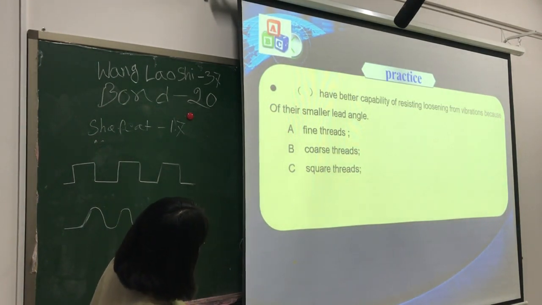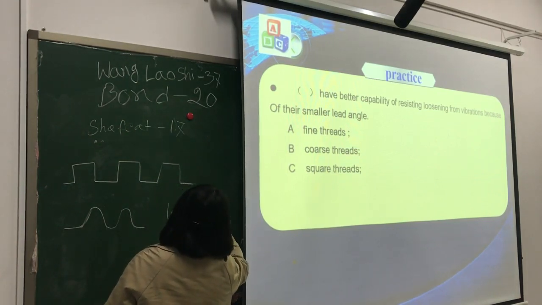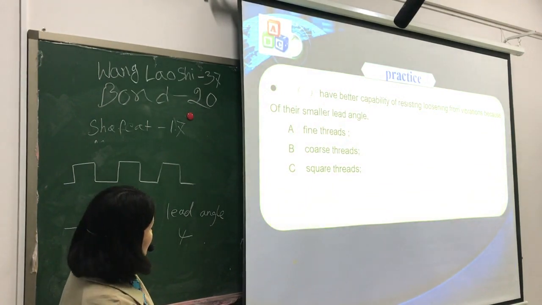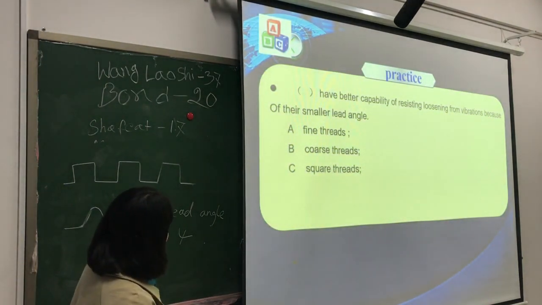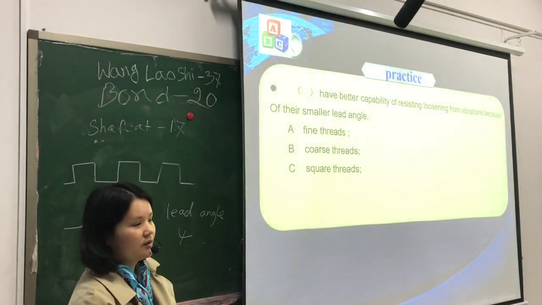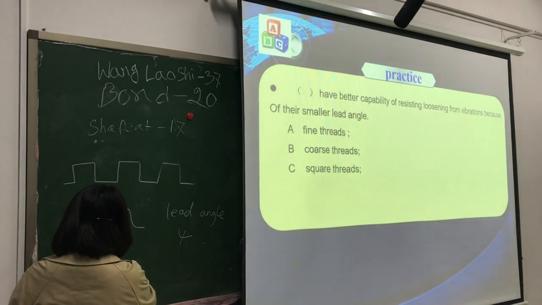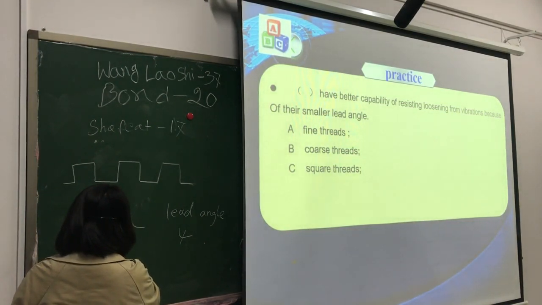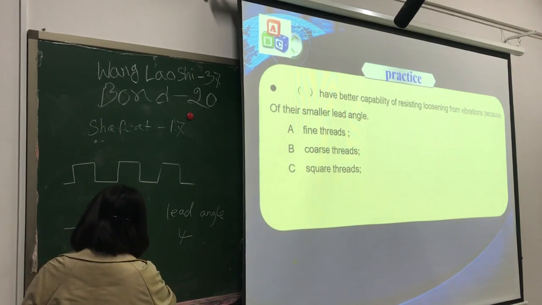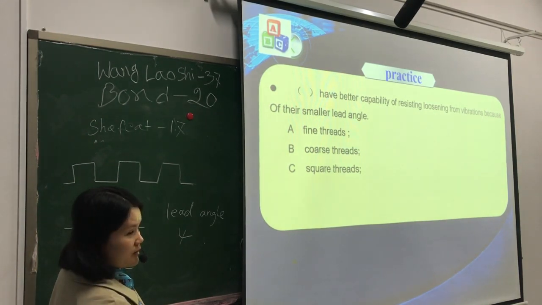The lead angle is different for fine thread and coarse thread, because this is coarse thread, and this is a fine thread.